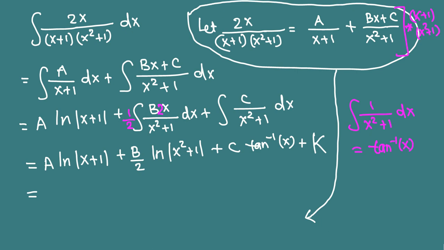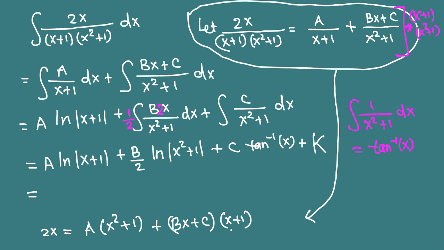On the left hand side these two factors cancel and the top survives, so 2x equals, on the right hand side, the first fraction times the common denominator, x plus 1 cancels, a times x squared plus 1, plus, from the second fraction, x squared plus 1 cancels, so bx plus c times x plus 1.